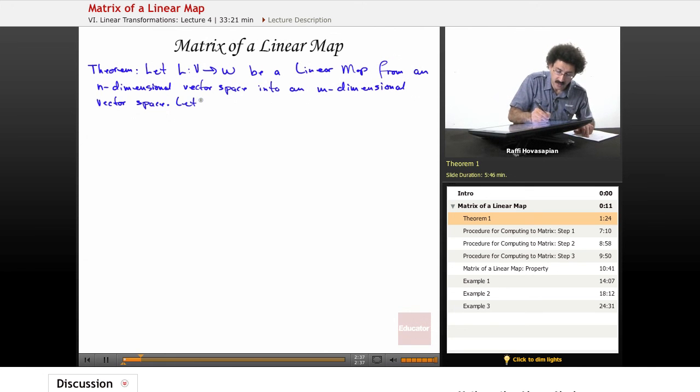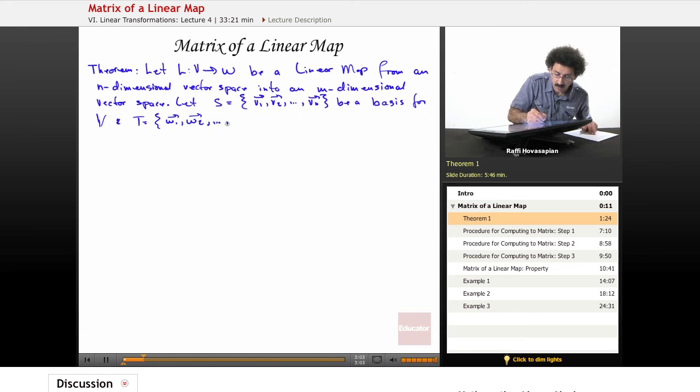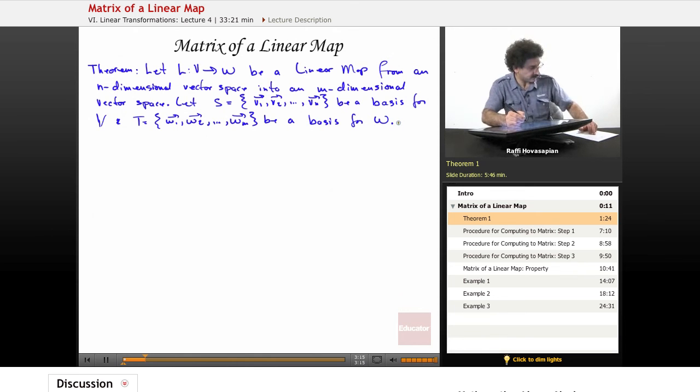We will let S, which equals the set V1, V2, so on to Vn, be a basis for V, and T, which equals W1, W2, so on and so forth, onto Wm, be a basis for W, the arrival space. I really love referring to them as departure and arrival space. It's a lot more clear that way.